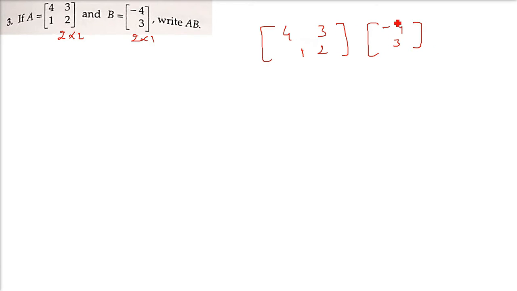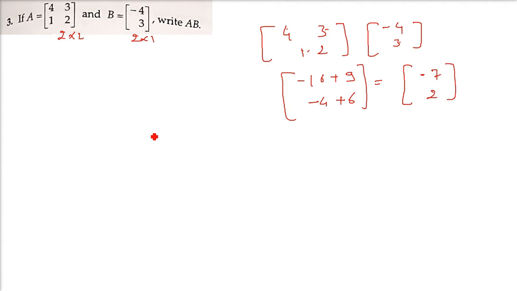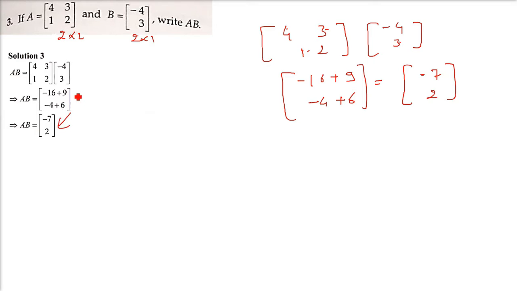So this row with this column: 4 into minus 4 is minus 16 and plus 3 3s are 9. 1 into minus 4 and 3 2s are 6. So what do you get? 9 minus 16 is negative 7 and 6 minus 4 is 2. So negative 7 and 2 is the A into B.